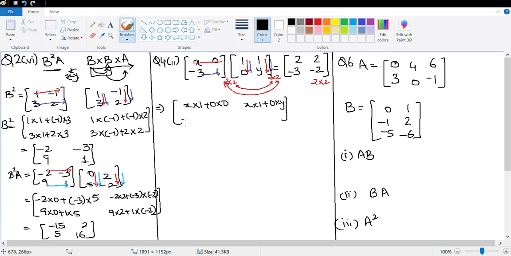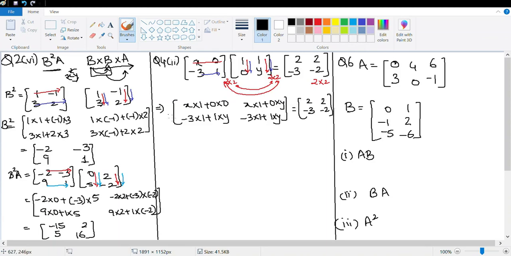This is -3 into 1 plus 1 into y, and this is -3 into 1 plus 1 into y. This is my left hand side, which is equal to 2, -3, 2, -2. That's my right hand side.